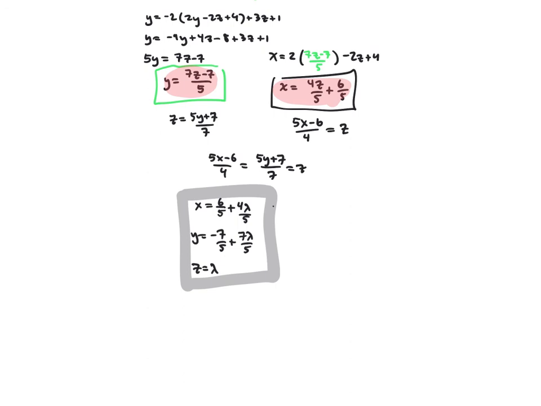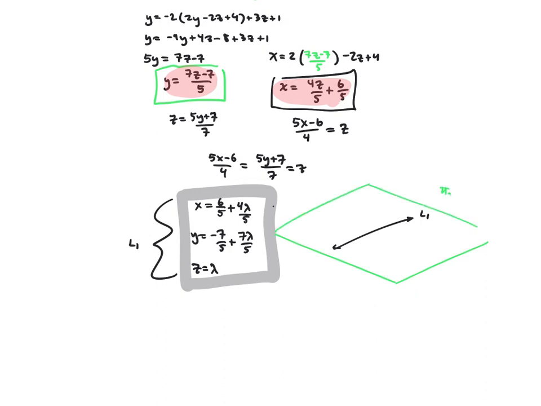Okay, now let's try to keep this simple for just a moment. Imagine this line, let me call this L1. We're under the assumption that L1 is contained in pi 3. If L1 is contained in pi 3, then the direction vector of L1 is perpendicular to the normal of pi 3.